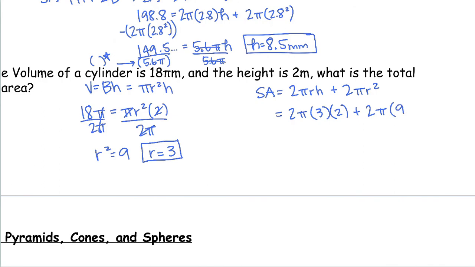So I'm just going to go ahead and put in a 9. This is 2 times 3 is 6 times 2 is 12π plus 18π, which leaves us with 30π meters squared.